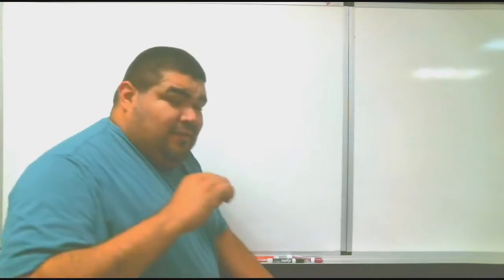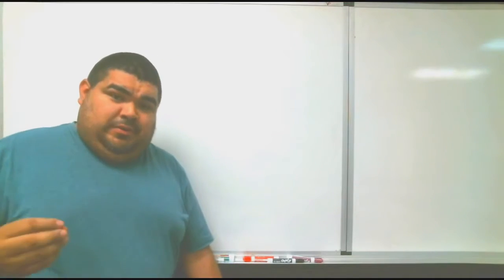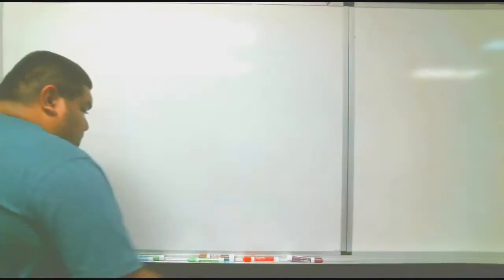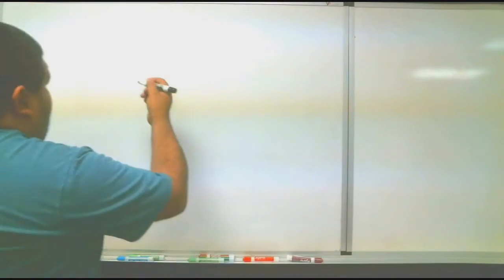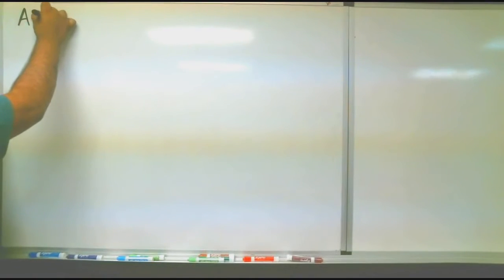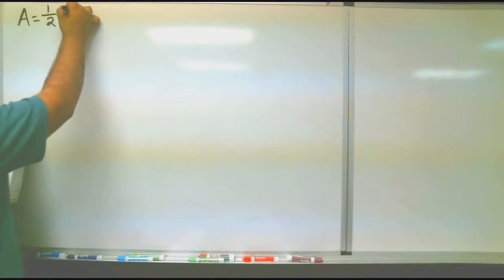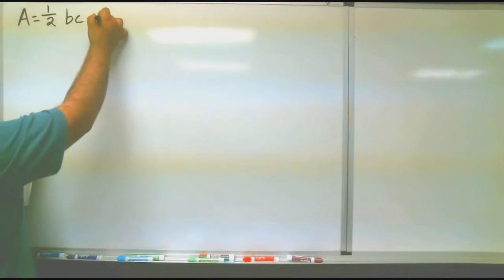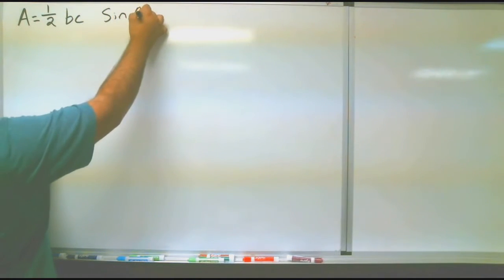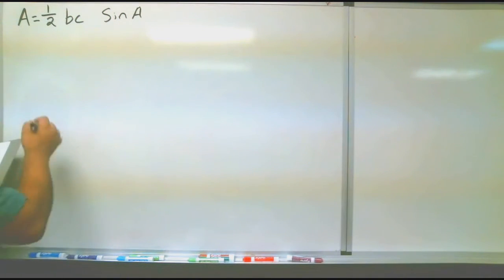What I mean by sine is you have three equations to work with. The equations are: area equals 1/2 BC sine of A. That is one.